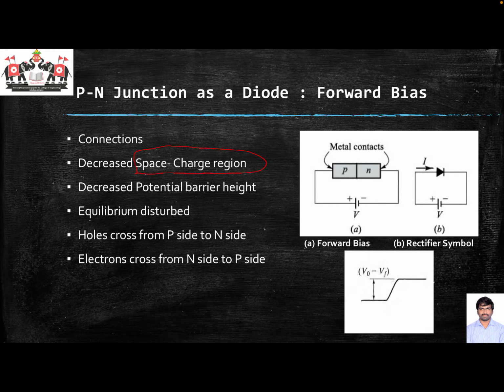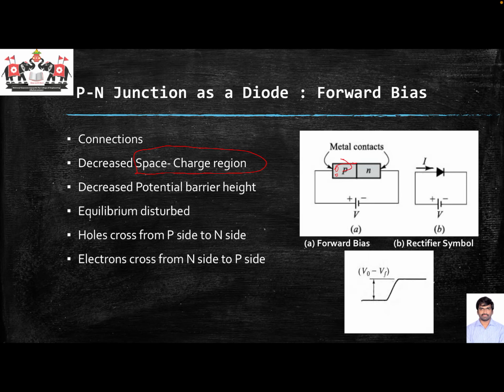Why is it decreasing? Again, the holes in the P side are now repelled by the external positive terminal. They start moving towards the junction, so the number of uncovered immobile charges is reduced. The space charge region width will be decreased.